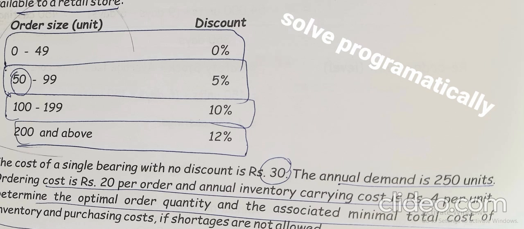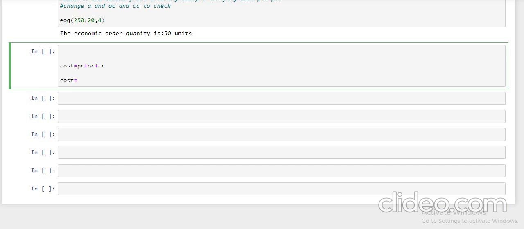Annual demand is 250. So first of all, let's write purchase cost. Our purchase cost depends upon our order, sorry, not upon order, but on what we have been given.